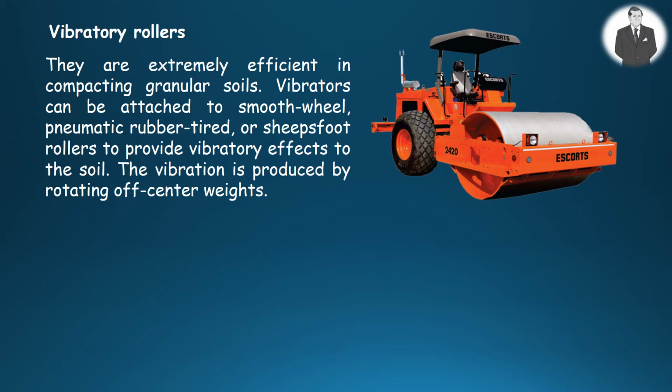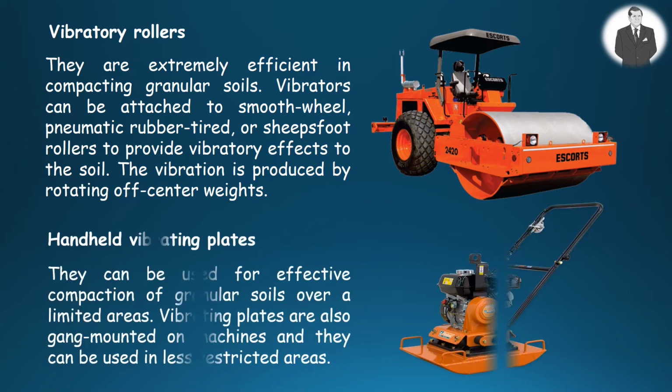Vibratory rollers are highly effective in compacting granular soils. Vibrators can be connected to smooth wheel, pneumatic rubber-tired or sheep foot rollers to generate vibratory effects to the soil. The vibration is achieved by rotating of center weights.